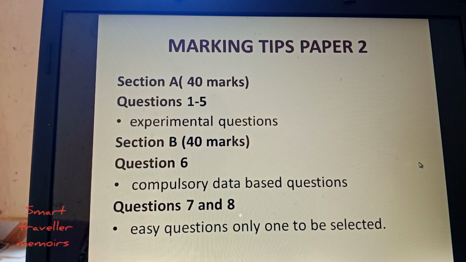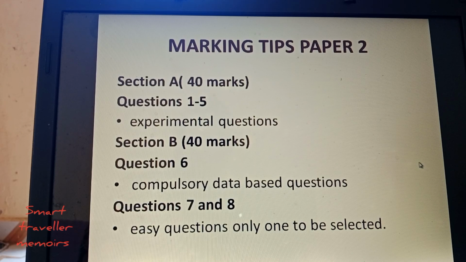Biology Paper 2 is divided into two sections, Section A and Section B. In Section A, you get 40 marks, where you have questions 1 to 5, and the questions are experimental questions.